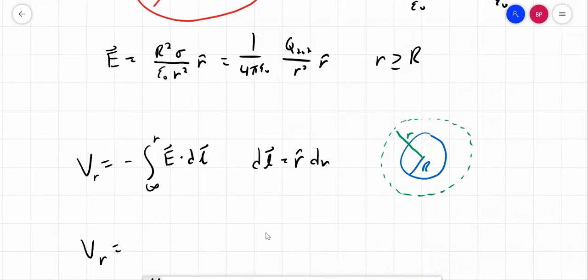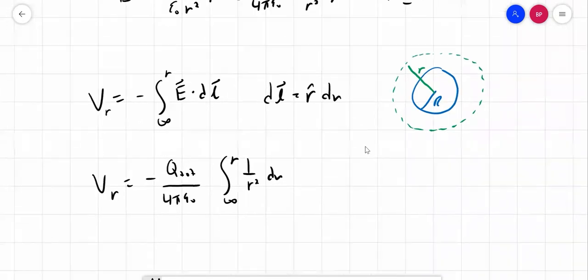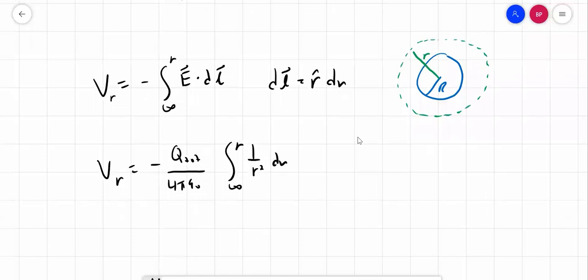It's in the r hat direction. Our dl is in the r hat direction. So maybe we'll use this one because it looks more elegant. We can pull all these constants out, and we'll just be left with the integral of 1 over r squared dr from infinity to some little r. Since we're integrating up to r, technically I should call this r prime, but whatever.